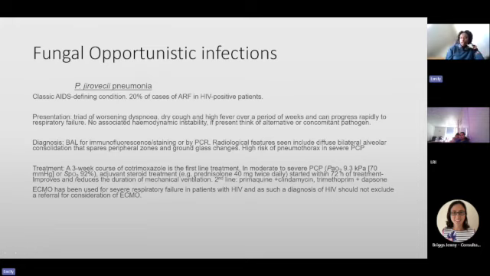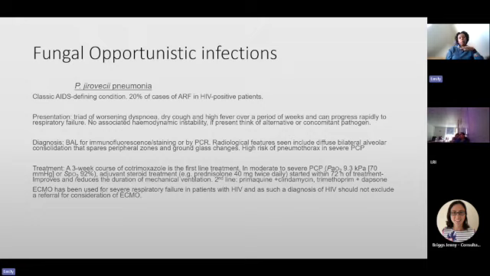For the fungal opportunistic infections, we have Pneumocystis jirovecii pneumonia. It used to be Pneumocystis carinii pneumonia. And 20% of patients with HIV who come in with acute respiratory failure have PJP.